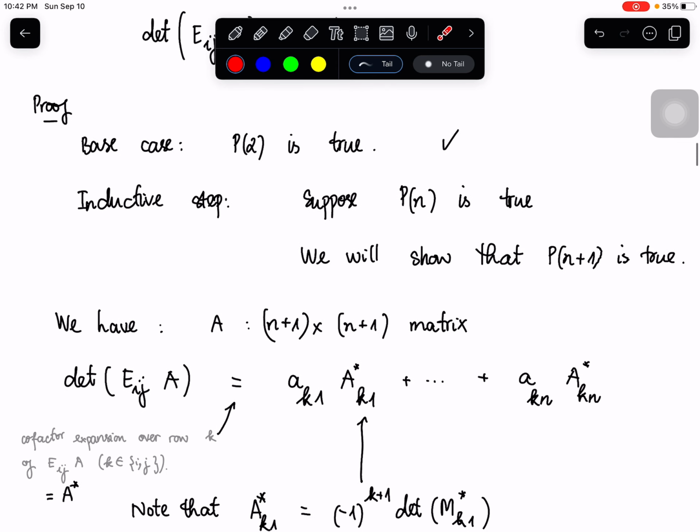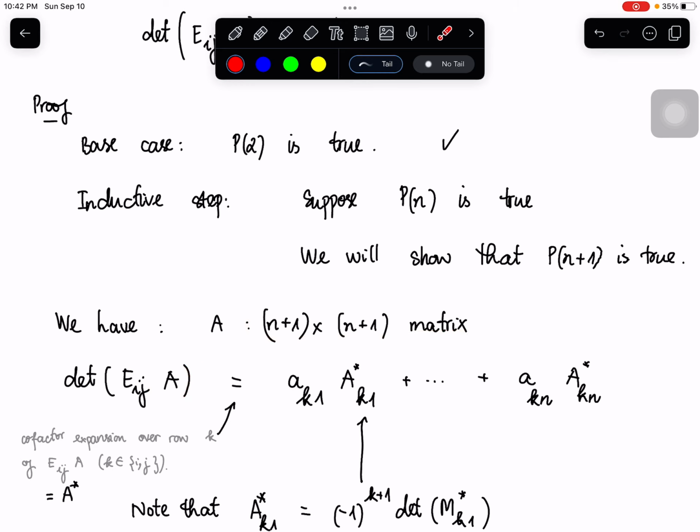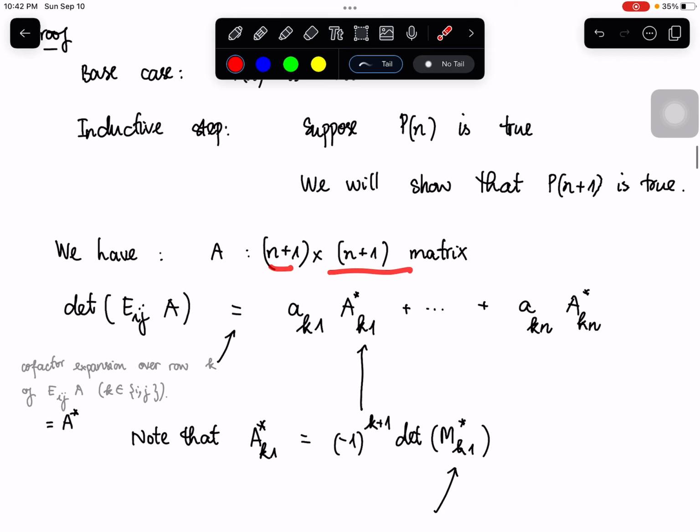So we can still switch two rows of the new matrix A, which is one size bigger, n plus 1 by n plus 1. Remember what we did for the case n equal to 3. We do cofactor expansion over a row that does not change.